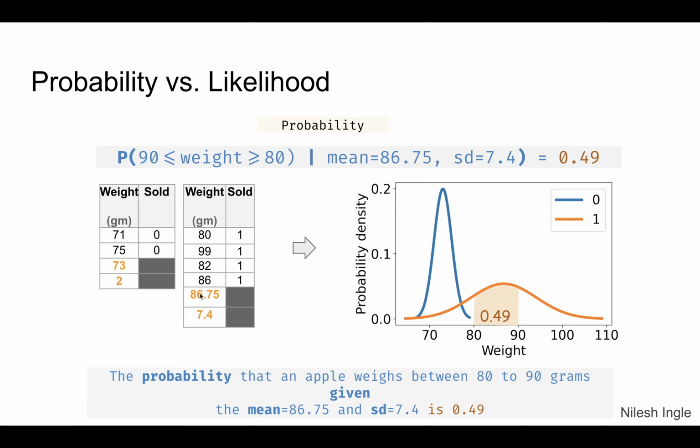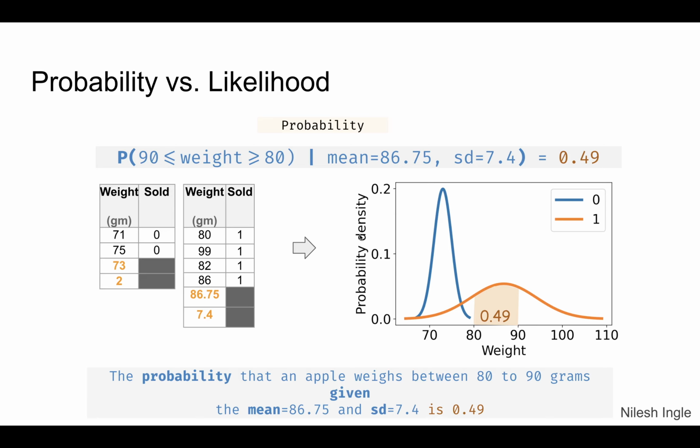If we use these means and standard deviations to plot the Gaussian distribution, we get a plot that is shown here on the right hand side. So 86 would be the mean for the orange curve and 73 would be the mean for the blue curve. On the x-axis we have the weights, and on the y-axis we have the probability density.